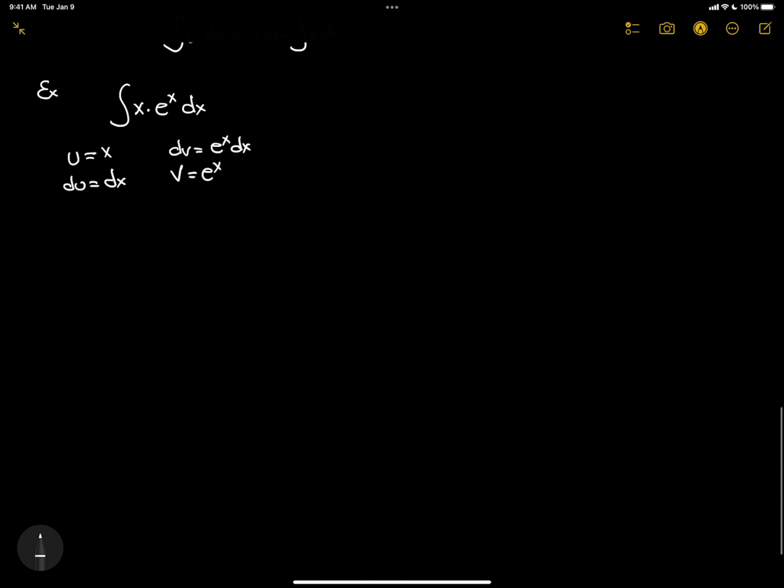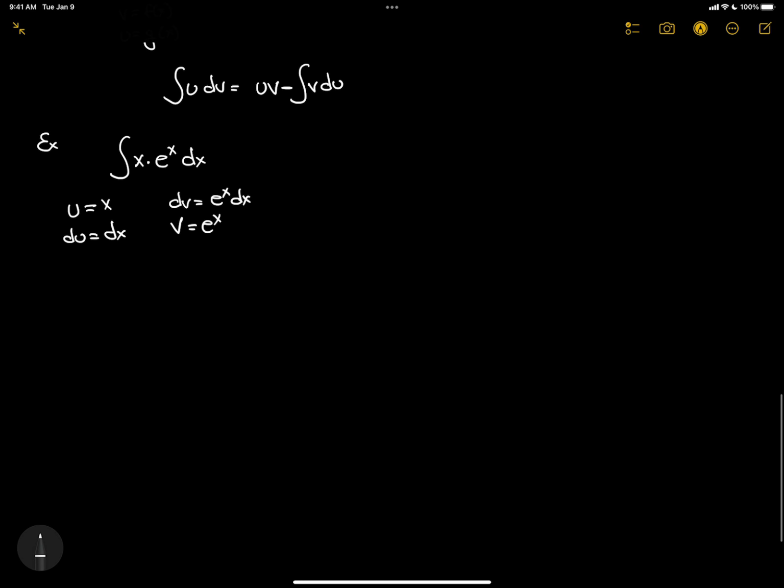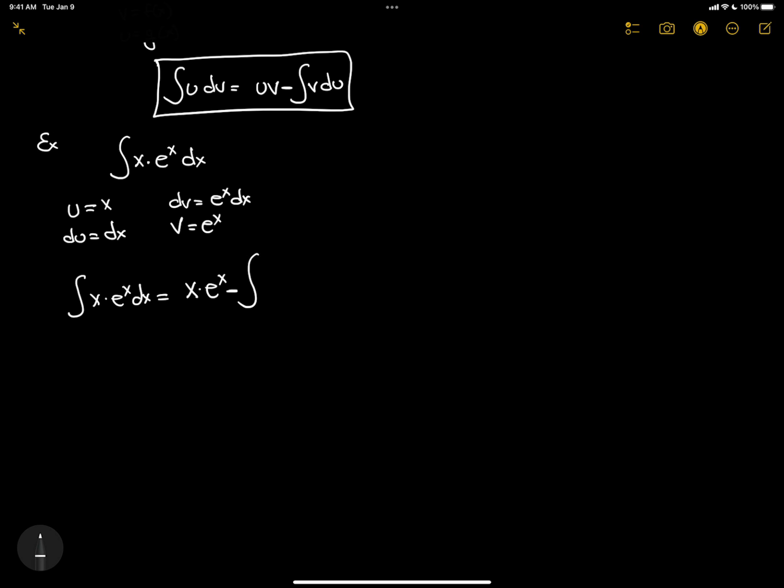Okay? And so now let's see how we can simplify things down here using the top rule. Watch what I'm going to do to simplify this down. This integral of x e to the x dx becomes u. What did we say u was? u is just going to be x times v. v here we said was e to the x, minus the integral of v du here. v here was e to the x, and du here we said was equal to dx, so therefore we end up with just that.